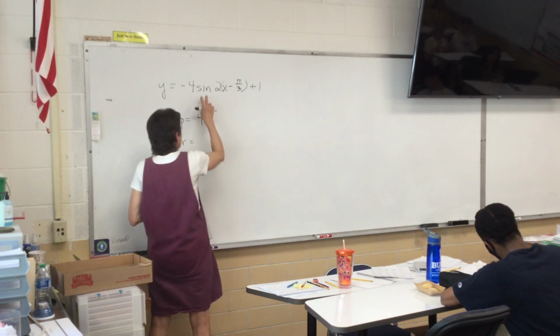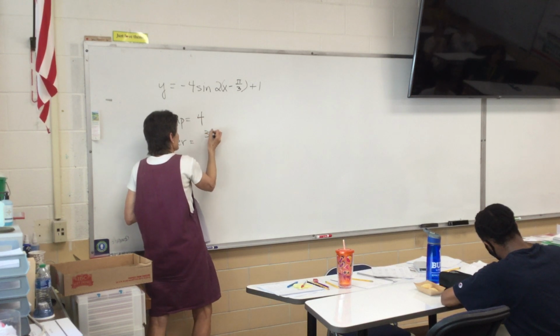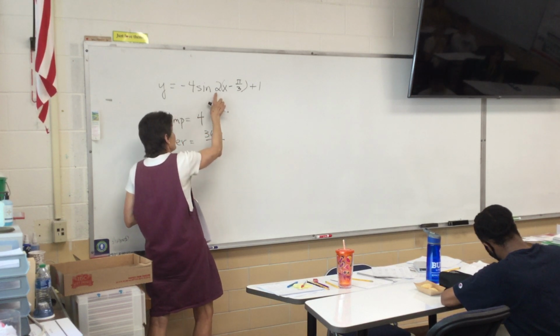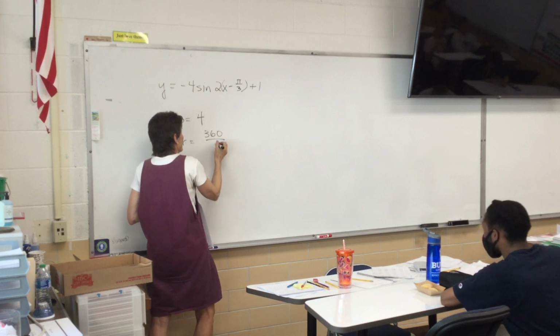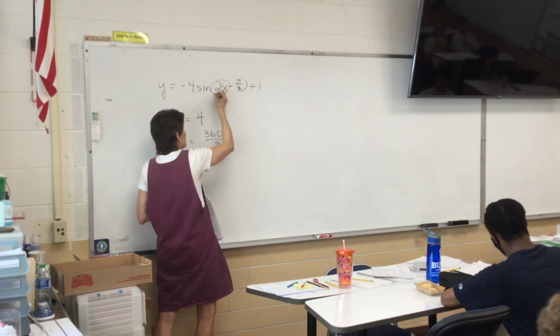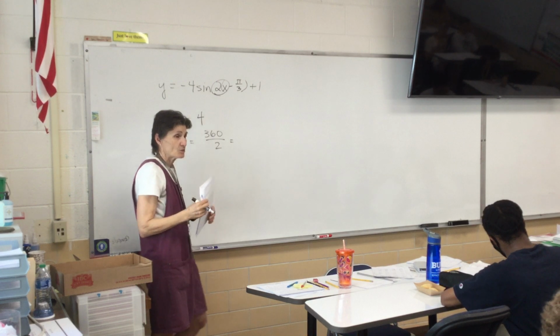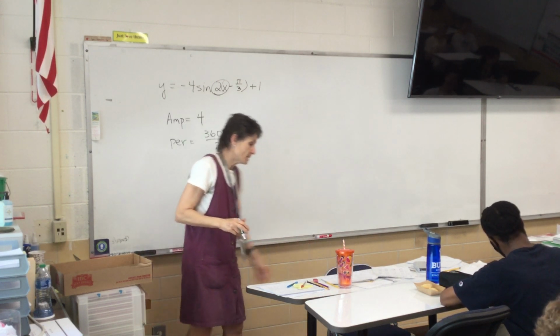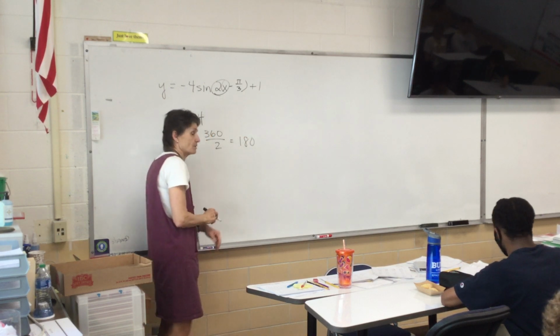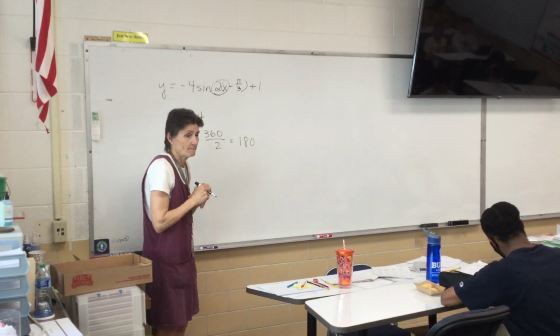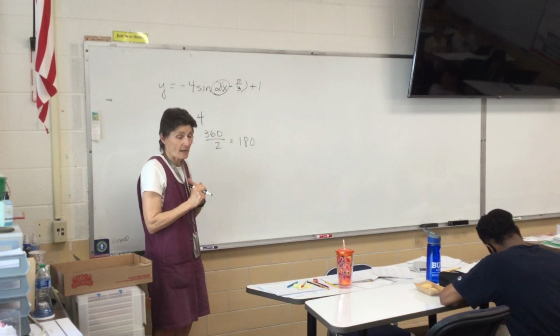Period. The period of a sine is 360. But you have to divide by whatever coefficient you have on x. So the coefficient on x is 2. So your period is 360 divided by 2, or 180 degrees. It's always 360 for a sine or a cosine.